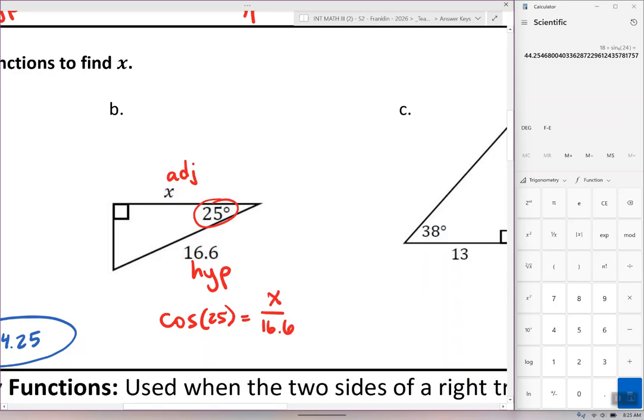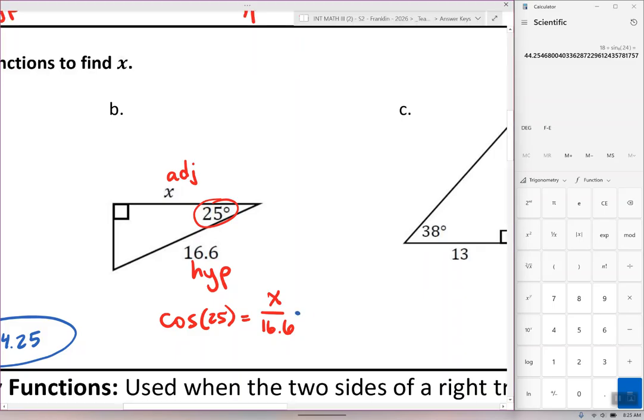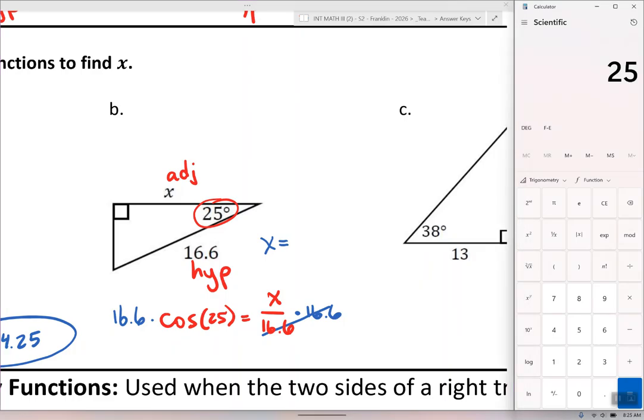So x over 16.6. This one's a little easier. All I have to do is multiply both sides by 16.6. So cosine of 25 times 16.6, I get 15.04.